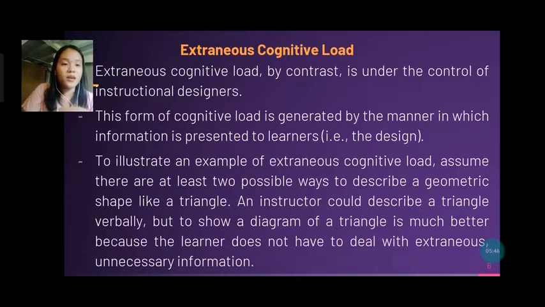The instructor could describe a triangle verbally, but to show a diagram of a triangle is much better. It is because the learner does not have to deal with extraneous, unnecessary information.